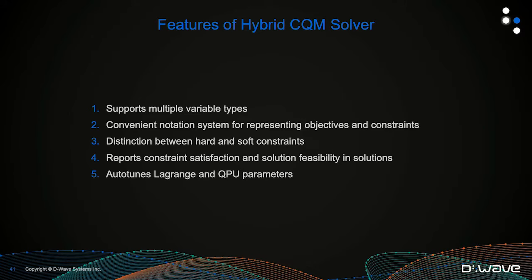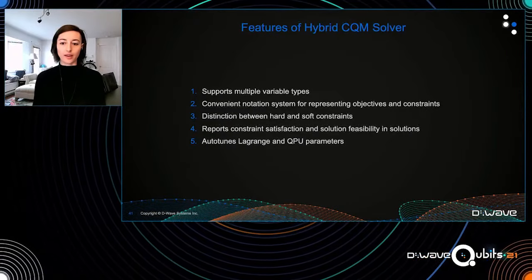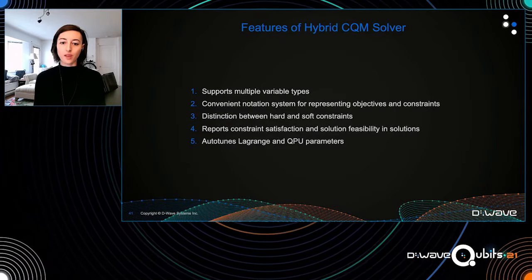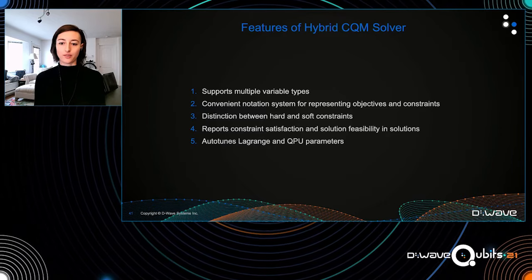The second is that with Ocean now, we can represent objectives and constraints in a really natural and intuitive way. This will speed up the process of going from problem formulation to programming and essentially developing a POC. We are supporting you to go through that process a lot more quickly by supporting you with more tools.